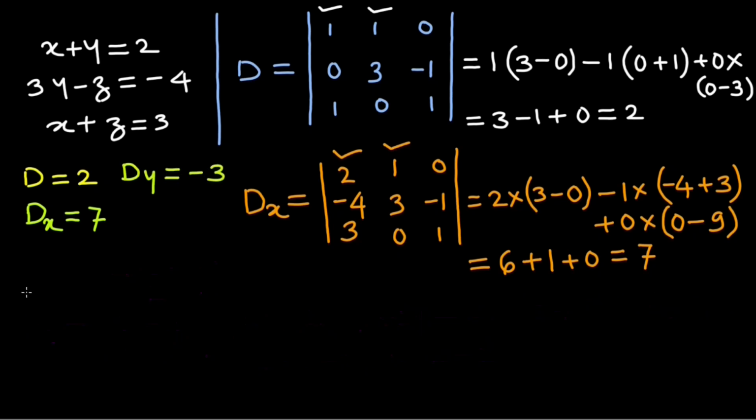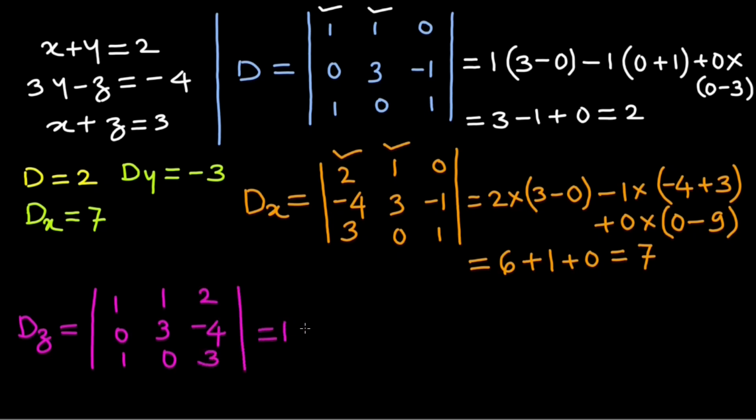Finally, let us calculate Dz. It will be first coefficients of x: 1, 0, 1, coefficients of y: 1, 3, 0. Then replace the coefficients of z by the constant numbers 2, -4, 3, which will be 1 multiplied by its minor, which will be 9 minus 0, then minus sign.